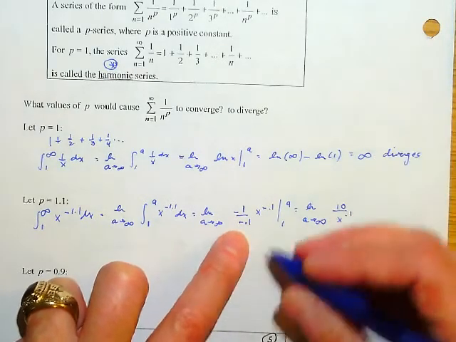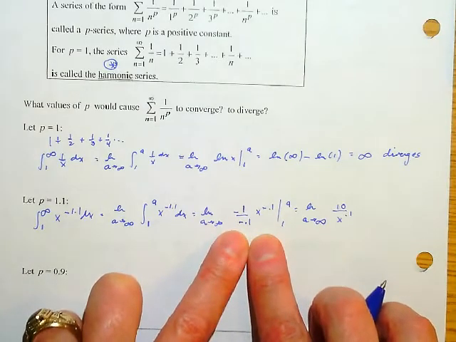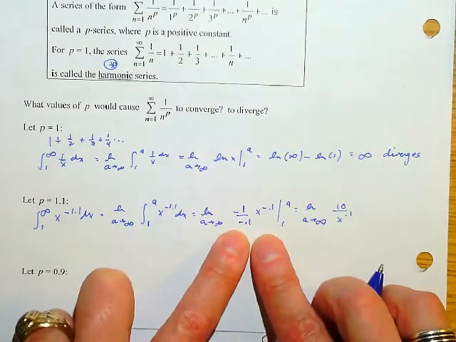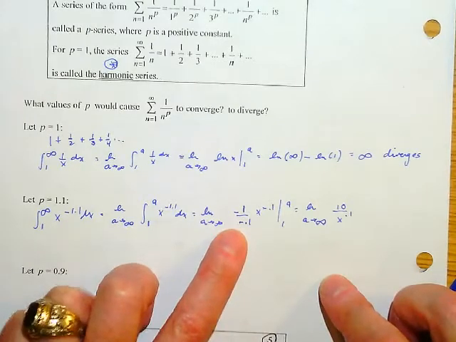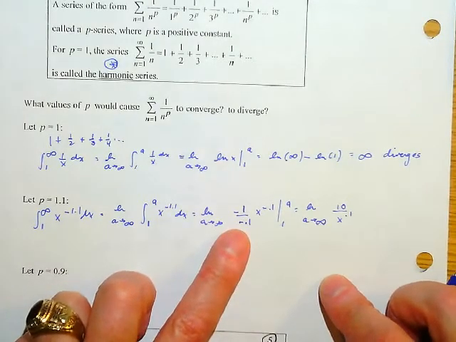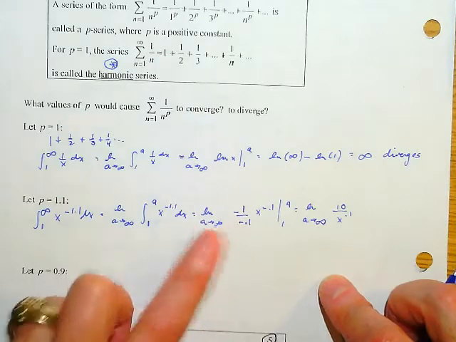Wait, this is not a negative here, is it? Increase the power? Yeah, that would be. I think that would be. Yeah, that's right. We're good. So 10. Where am I making my mistake? I doubled my negative number.